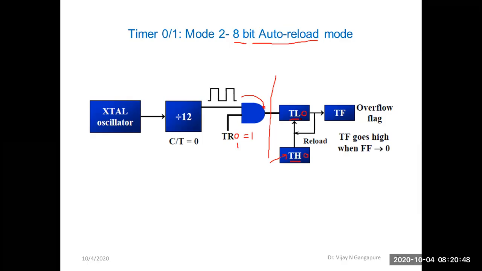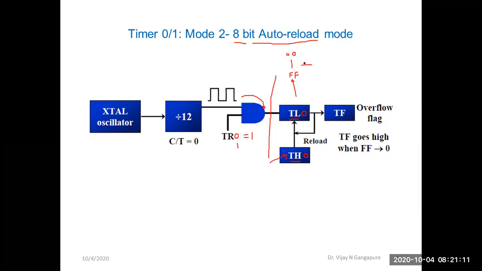So this TL0 count can go maximum up to FF, and due to one more pulse it will become 00. This is called rollover of count.